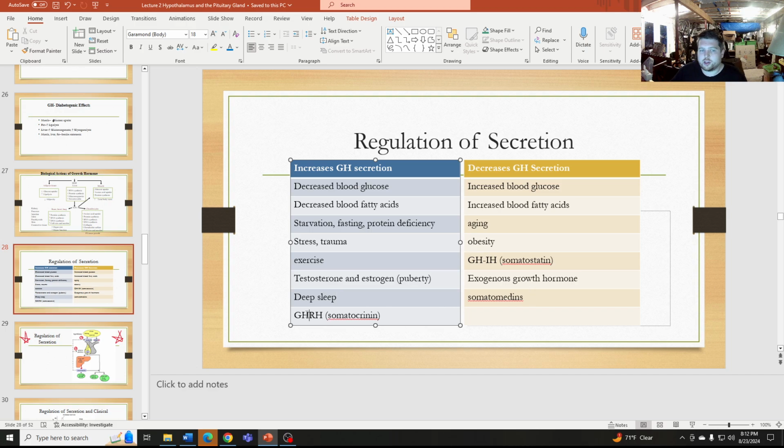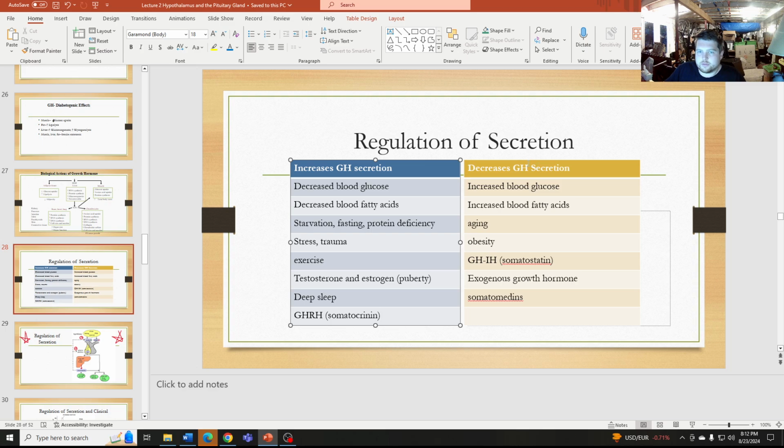And the growth hormone releasing hormone, also known as somatocrinin, is being released.